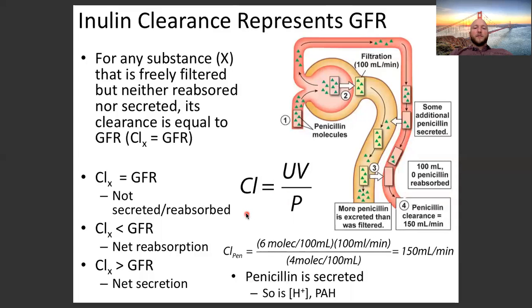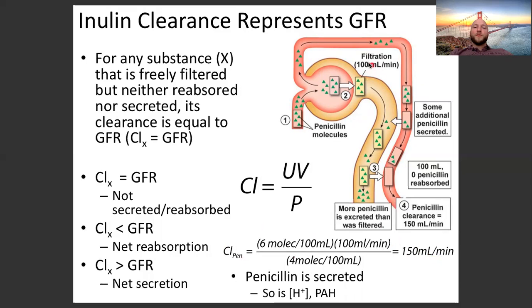Let's look at penicillin. Penicillin gets filtered, does not get reabsorbed, and additional penicillin gets secreted into the renal tubule system. The clearance value for penicillin is 150 milliliters per minute.